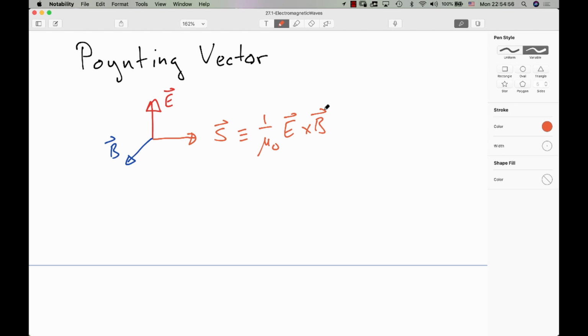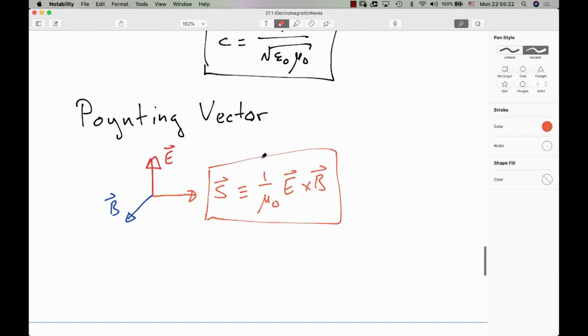You should get the Poynting vector pointing out on your thumb. That points in the direction of propagation. Like I say, the guy had the most amazing name ever for what got named after him. And this also is related to the intensity of the wave.